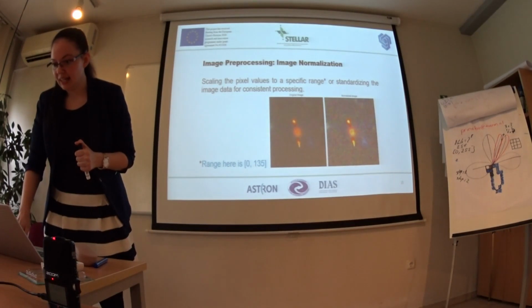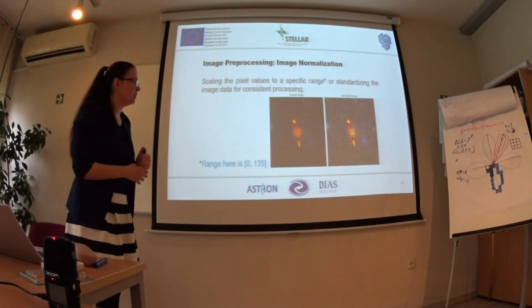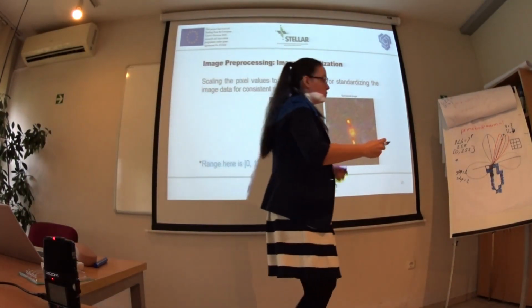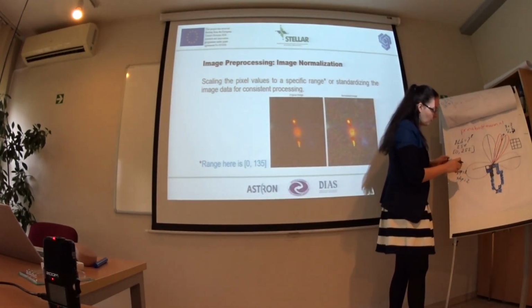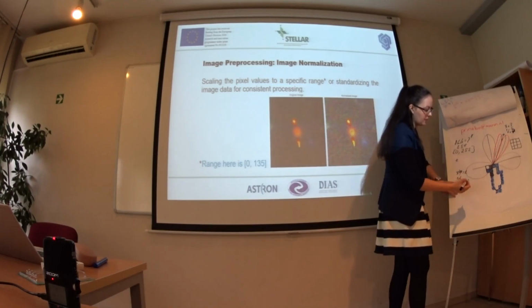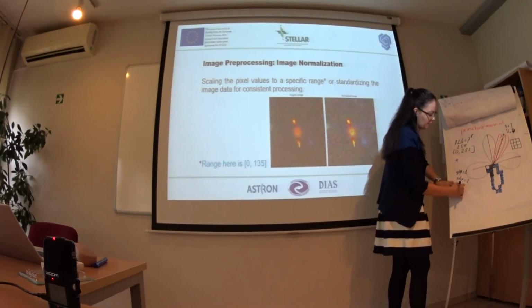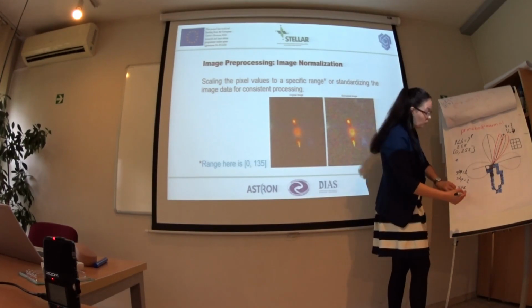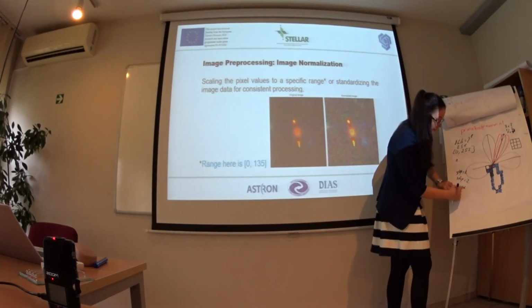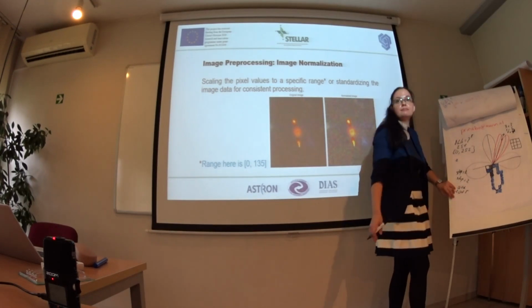Okay. So image normalization. Usually, of course, it depends on the content, but you can have, for example, images with pixel values like 0.01, or minus 1005.